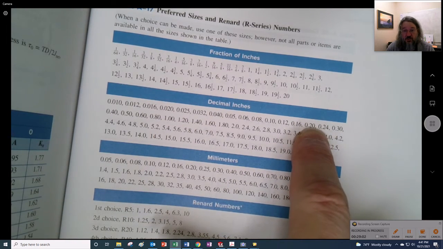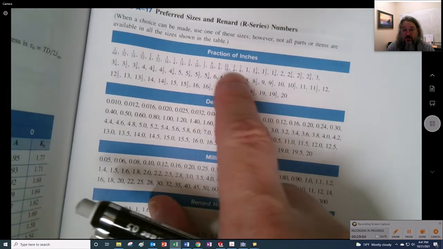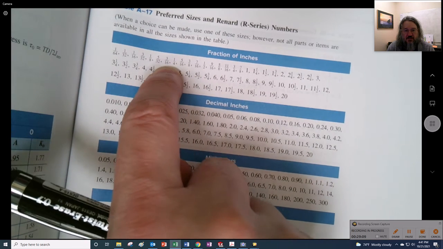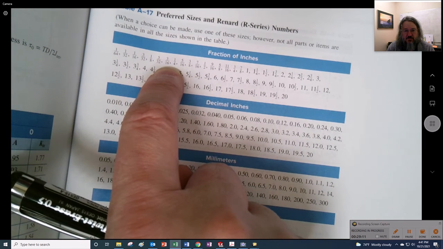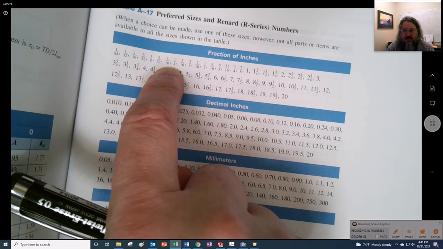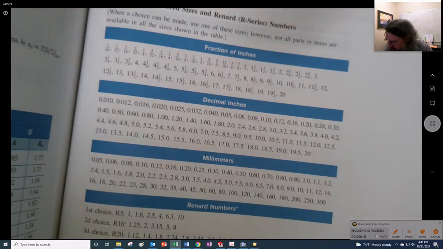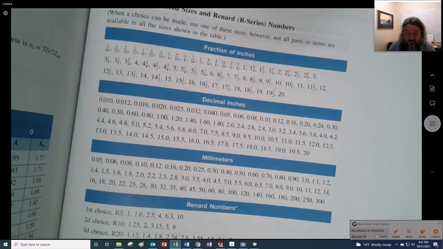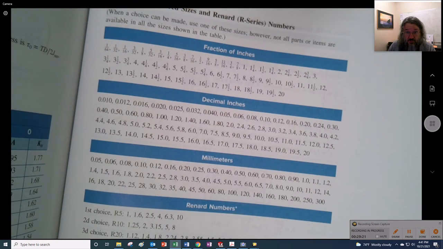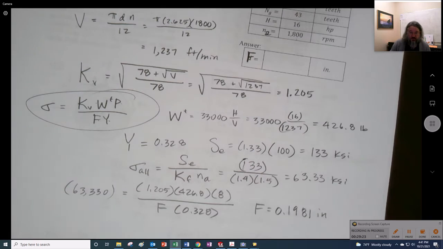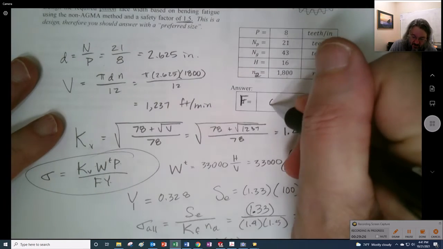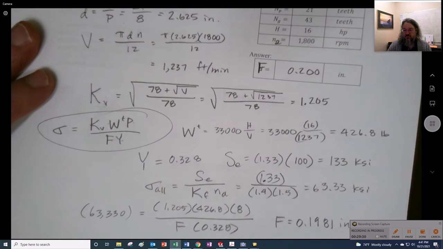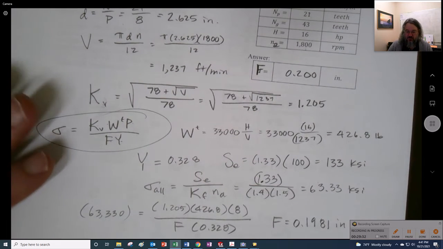Otherwise, we're going to go with 0.25, right? Because 3/16 wouldn't be enough, right? That's 0.1875. We'll double check that, right? 3/16, 0.1875. It's close, but we've got to go with quarter inch. So you could either go, I would go 0.200 personally, because why make it bigger than you have to. But 1/4 inch is fine.